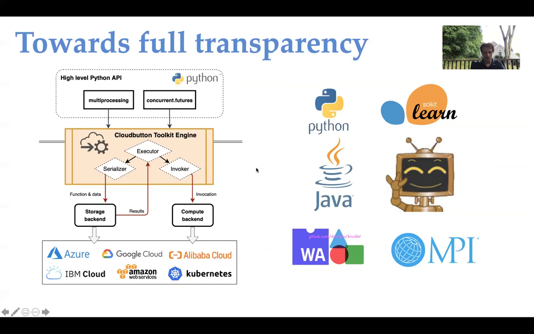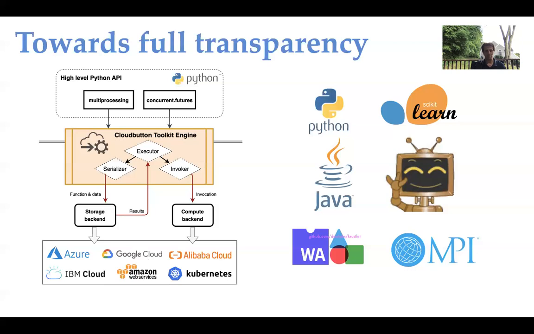And an interesting thing, we are not aiming at one single cloud. We have provided implementations of this extensible framework for different storage and compute backends in different cloud providers. So we support all the major cloud providers now, like Azure, Google, Amazon, Alibaba, and we can run our applications unmodified on top of many of these clouds.